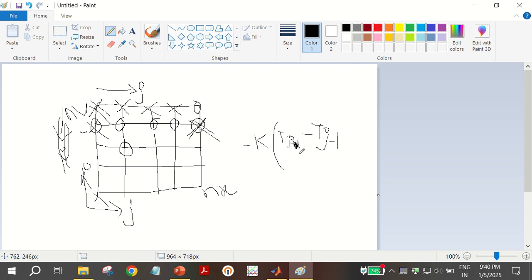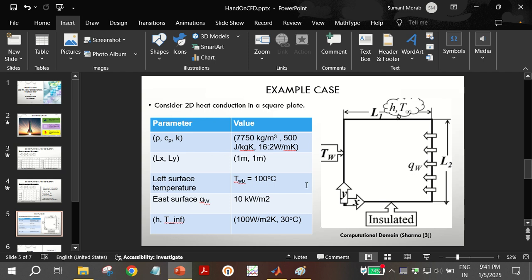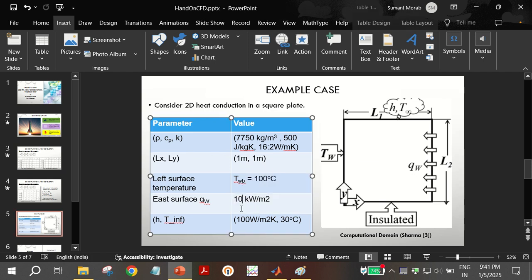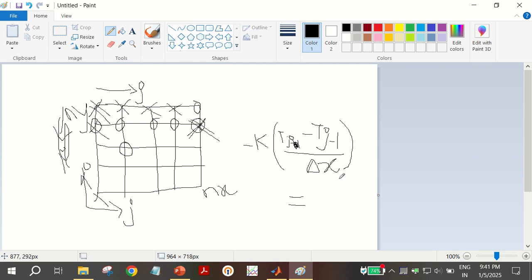So j minus 1 divided by delta x is equal to qw, but remember, the direction of qw is in the negative x direction, so whatever it is here, 10, it will actually be minus 10, and it's kilowatt. So minus 10 into 10 raised to power 3, 10 raised to power 4.